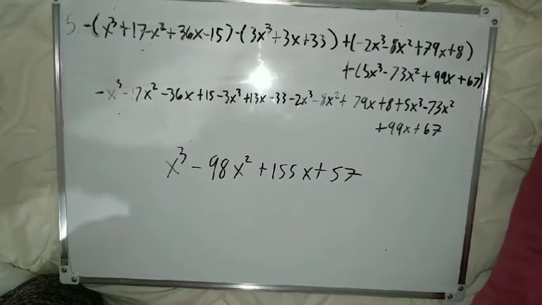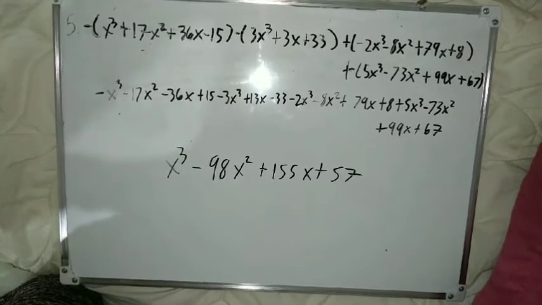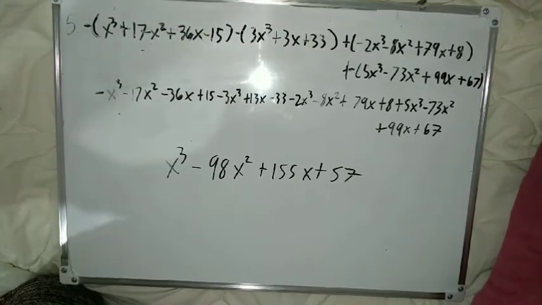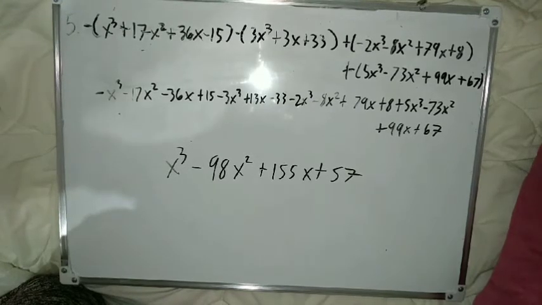So the problem number 5 here is: subtract the sum of x cubed plus 17x squared plus 36x minus 15 and the sum of 3x cubed plus 3x plus 33 plus the quantity of negative 2x cubed minus 8x squared plus 79x plus 8 and the quantity of 5x cubed minus 73x squared plus 99x plus 67.